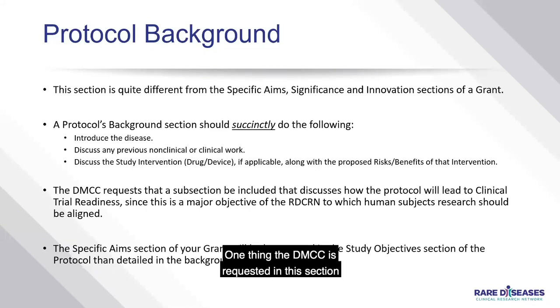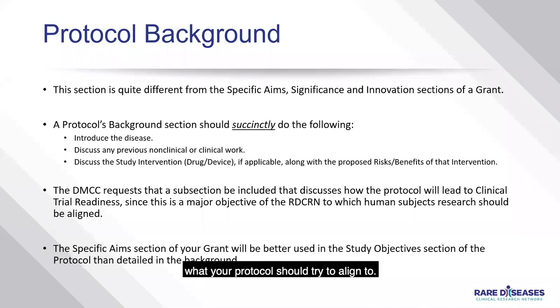One thing the DMCC has requested in this section is that a subsection be added to discuss how this protocol will lead to clinical trial readiness. Since this is a major objective of the RDCN, which your protocol should try to align to.